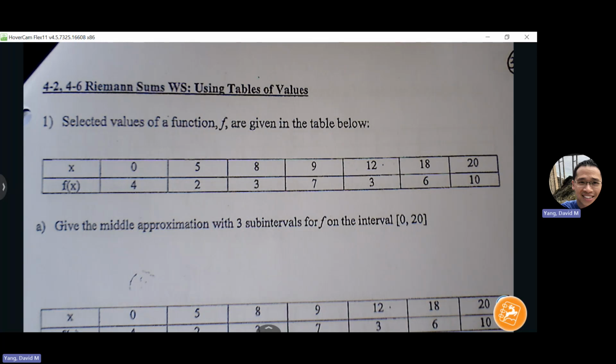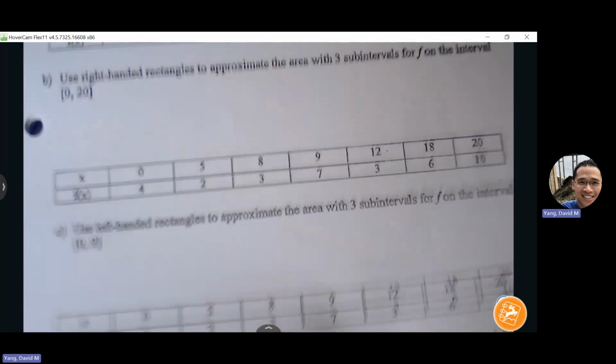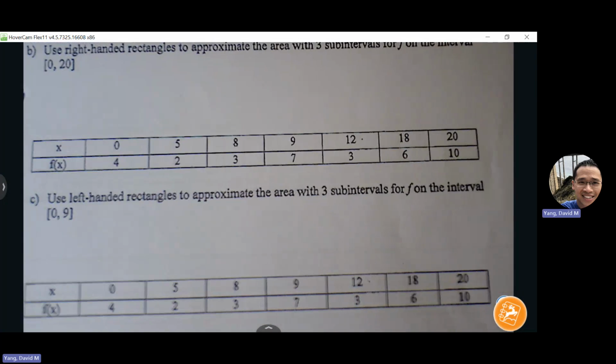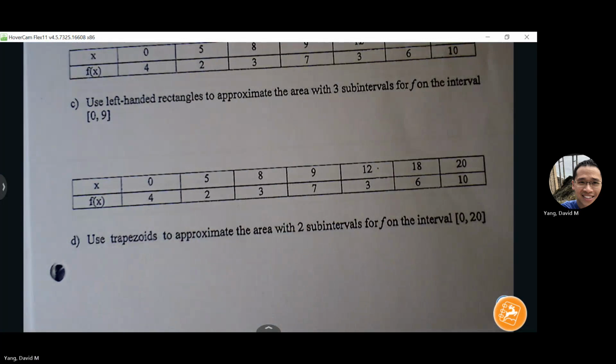And then one more thing is trapezoids. So it says use trapezoids. So trapezoids is 1/2 width times height 1 plus height 2, make sure you memorize that. It says 2 subintervals from 0 to 20. So here, you just have to look to see how you can make it all even.